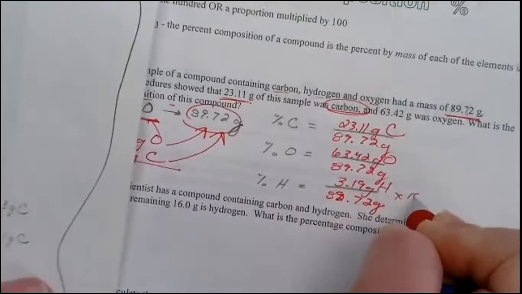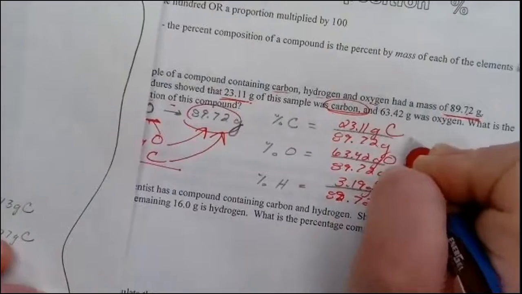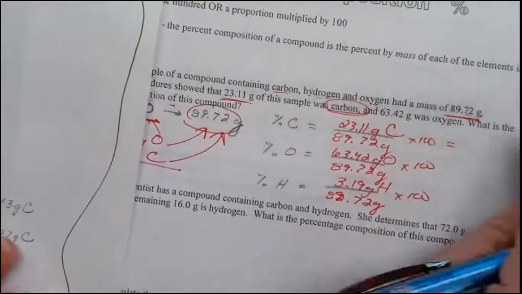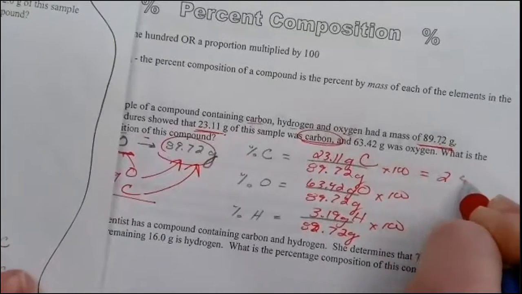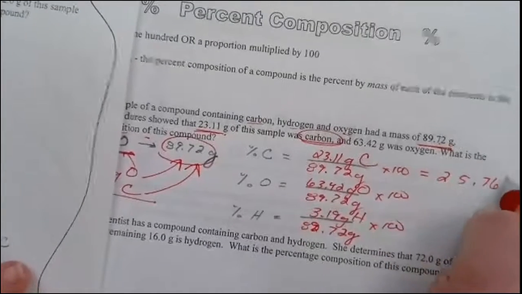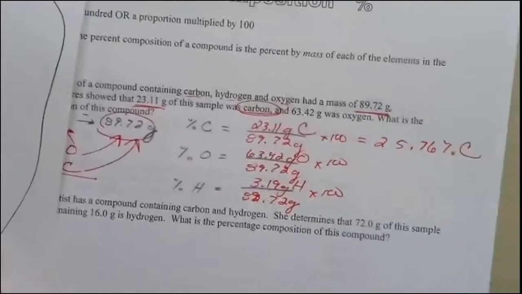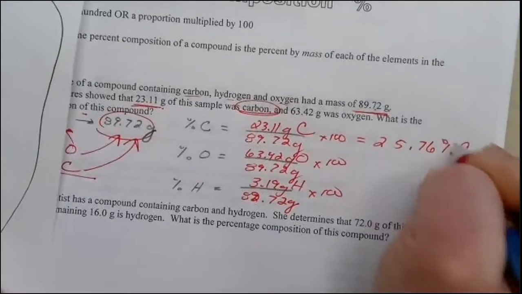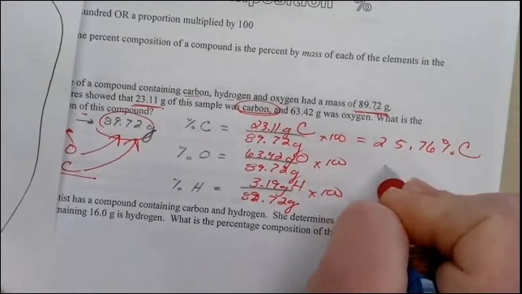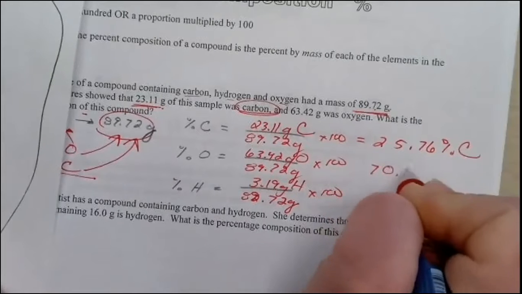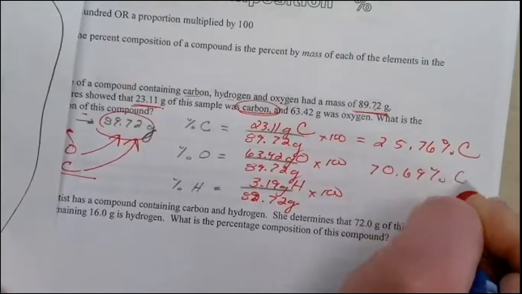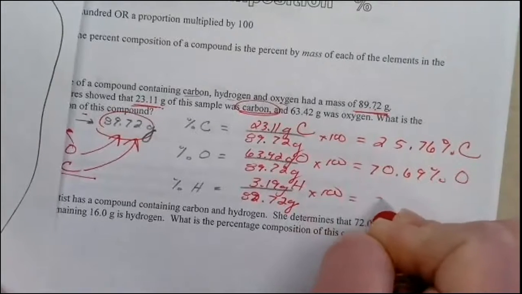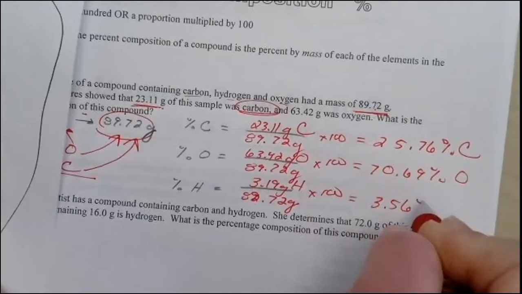And so then doing all of your math, adjusting for sig figs, we should get 25.76% of carbon. We should get 70.69% oxygen, and then 3.56% hydrogen.